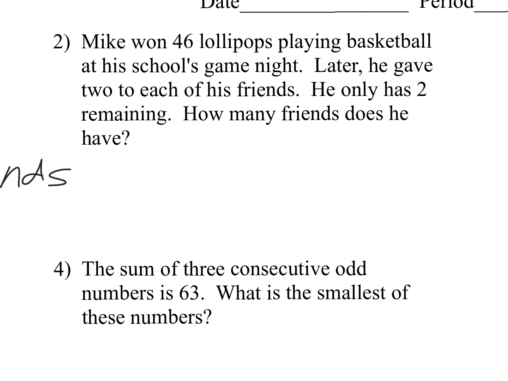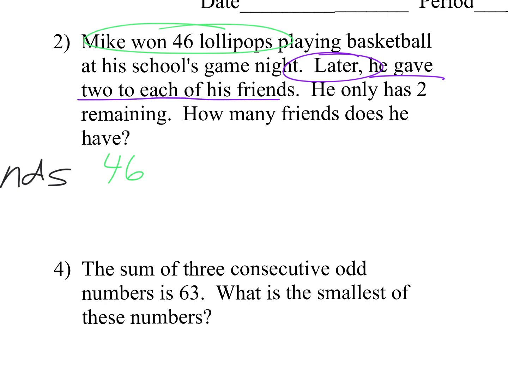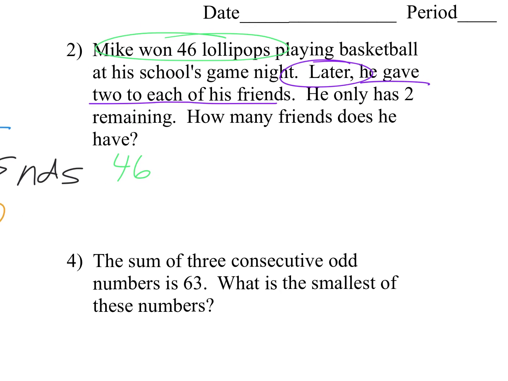So where did this situation start? Well, Mike won 46 lollipops playing basketball. That was his start. And then it says later, that's how I know that's what came next, he gave 2 to each of his friends. So if he's giving away 2, that's going to be subtraction. How many friends does he have?